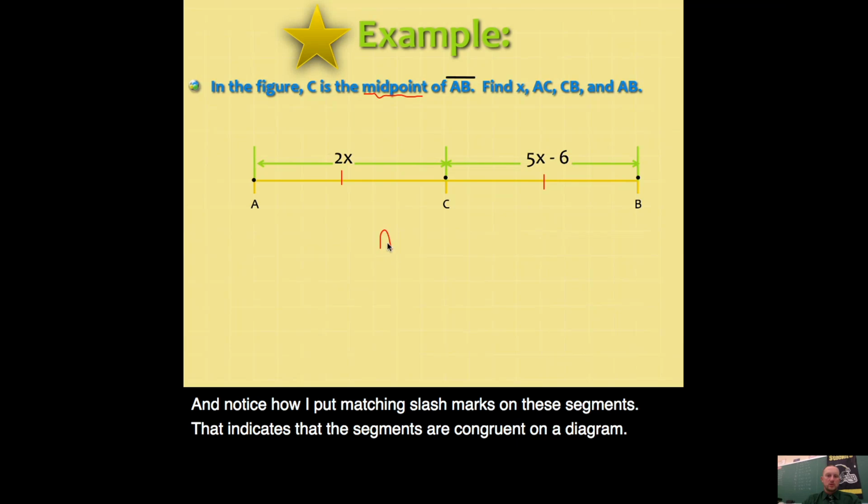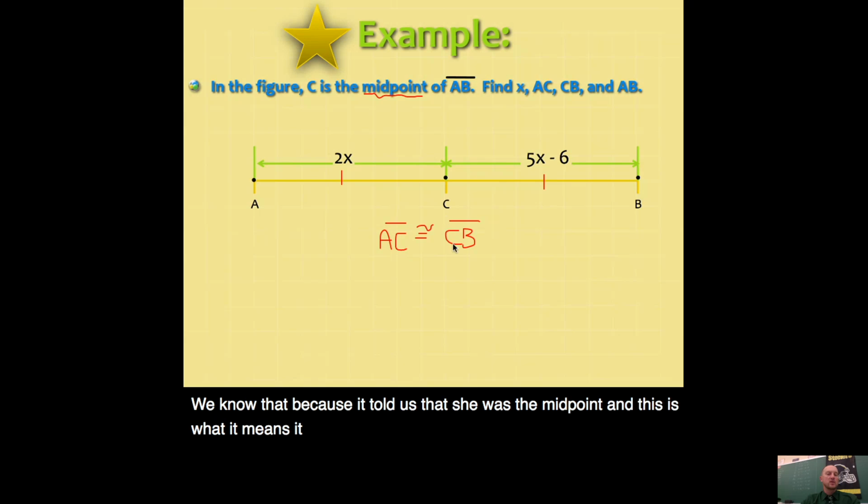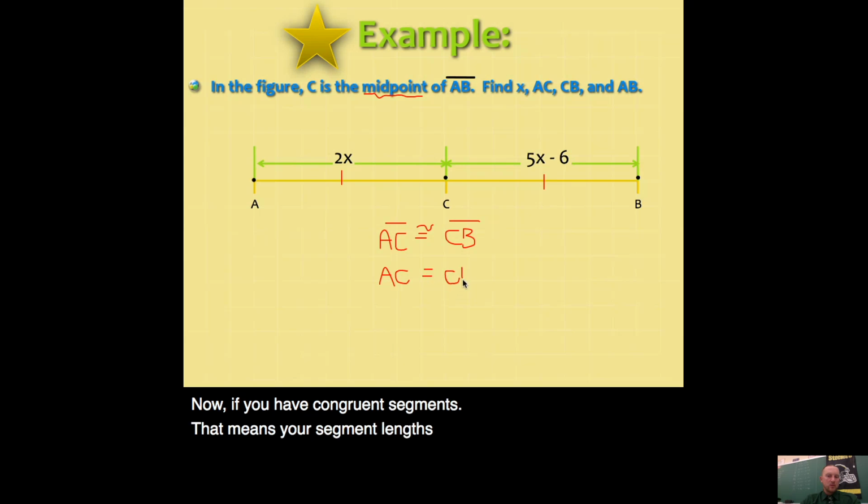So, segment AC is congruent to segment CB. We know that because it told us that C was the midpoint, and this is what it means. It means you're going to get congruent segments. Now, if you have congruent segments, that means your segment lengths are equal.